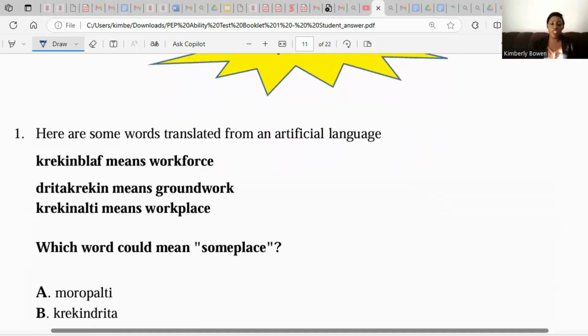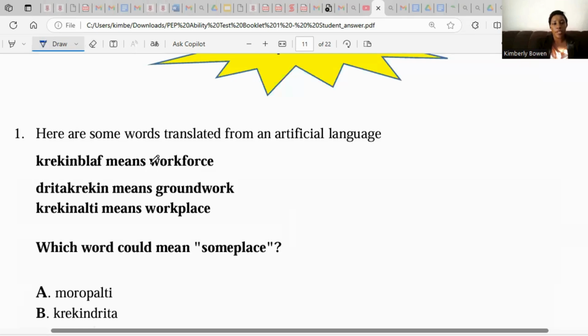All right, here are some words translated from an artificial language. Let's see which word could mean someplace. In the artificial language, we can see the word place. First, we have to derive the rule.